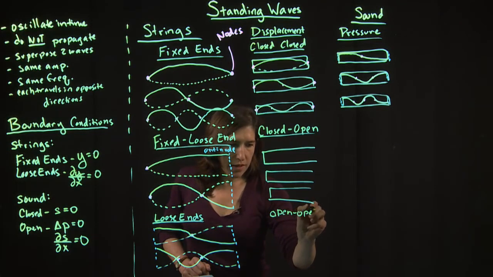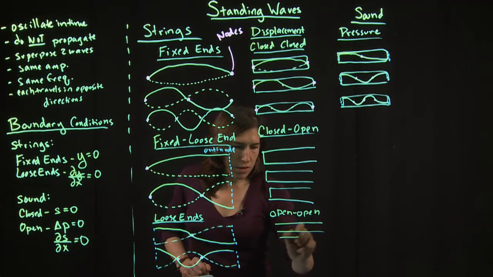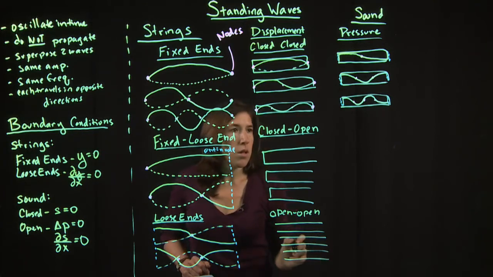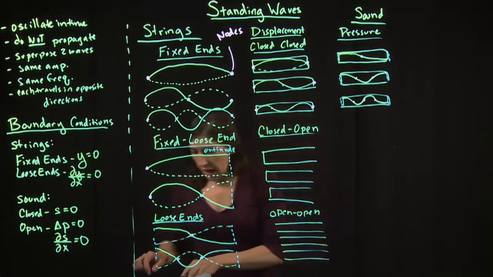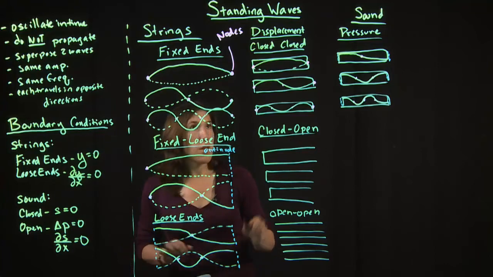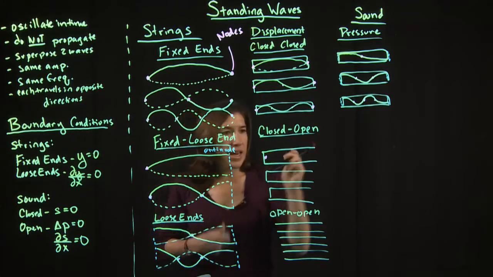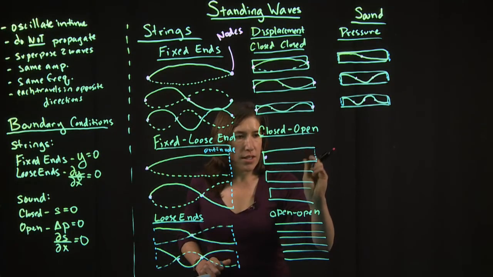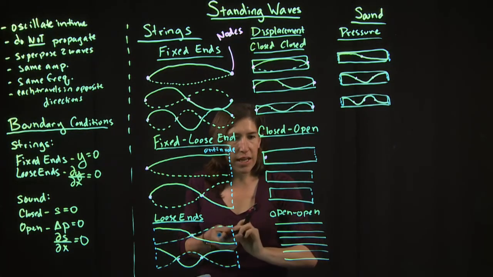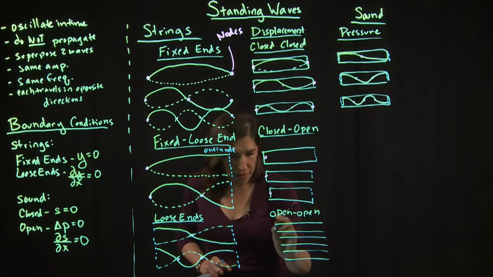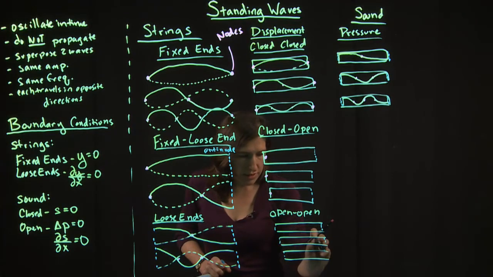Sorry, that's sloppy. For the displacement, we always have a node at a closed end and an antinode at an open end. So these are all antinodes on this side and nodes on this side. And then for open, open, we have antinodes on both sides.